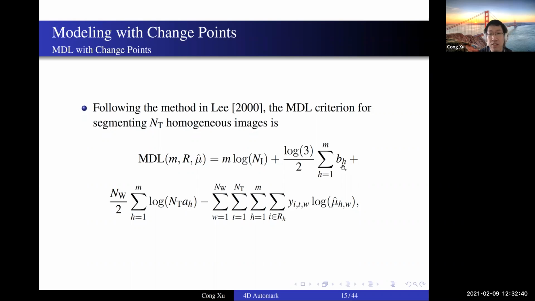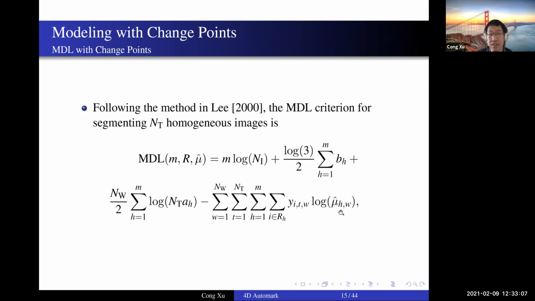And BH is the perimeter, or the length of the boundary, of each region. So if the model has many regions and the regions look pretty weird, then the whole first term will be large. The more complicated the model is, the larger the first term will be.